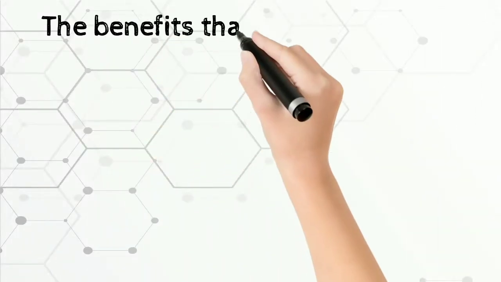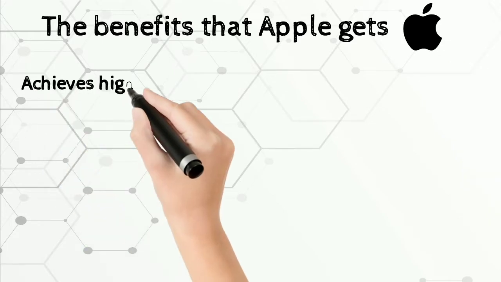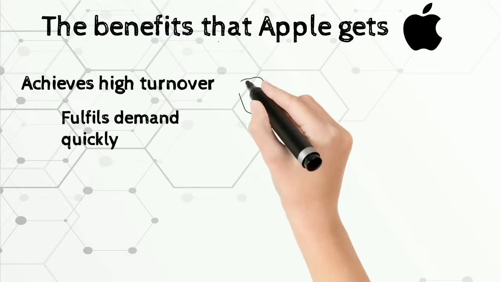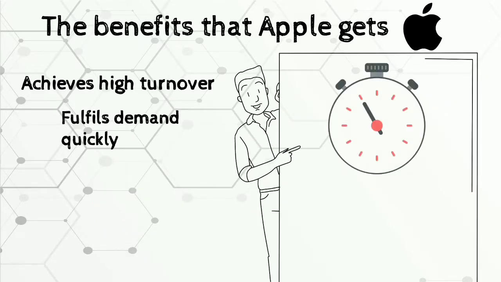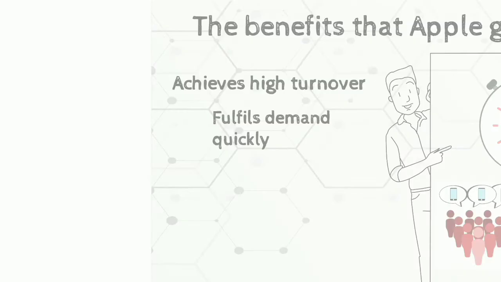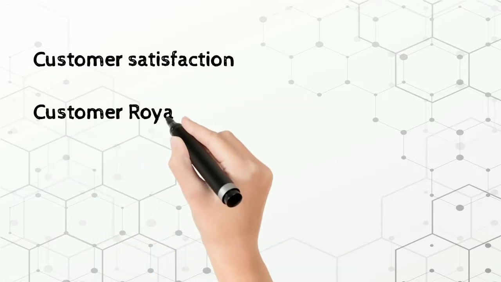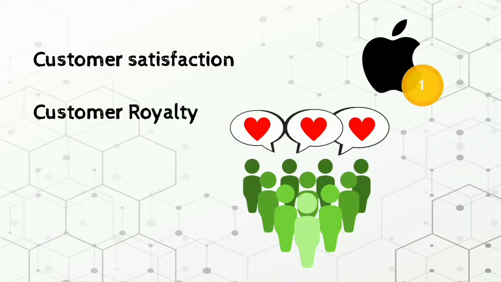The first benefit that Apple gets by using just-in-time is that Apple achieves high turnover because it quickly fulfills customer demand and it has minimum waste and delay, which means that the inventory management system is efficient. And the second benefit is that Apple achieves higher customer satisfaction and also customer loyalty because they are able to fulfill the demand efficiently.